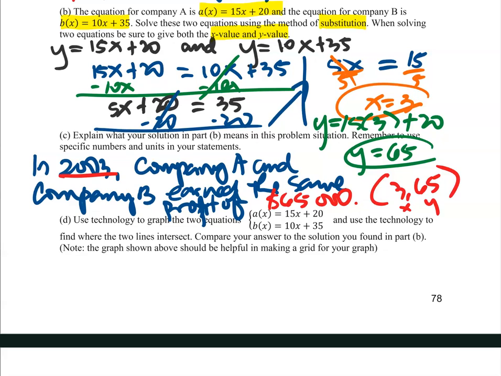Now, letter D. Use technology to graph the two equations, 15x plus 20 and 10x plus 35, and use the technology to find where the two lines intersect. Compare your answers to the solution you found in part B. Alright, so let's try this and use our Desmos.